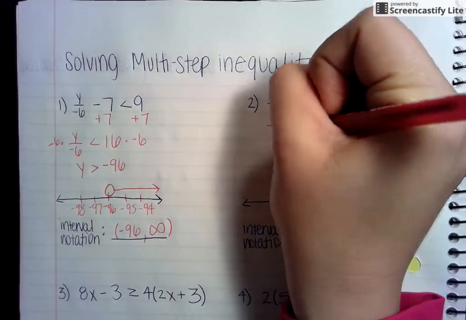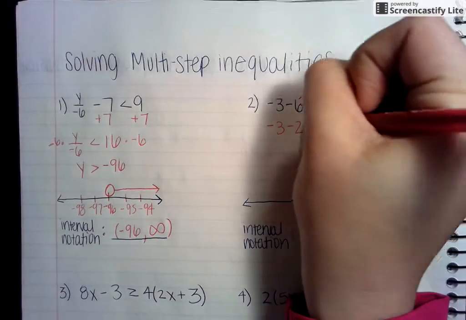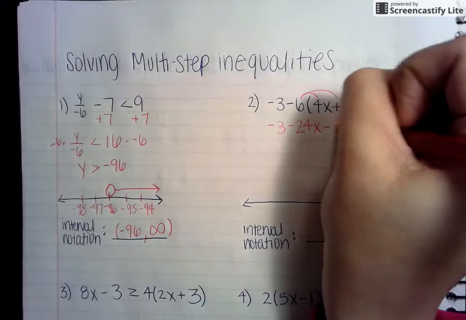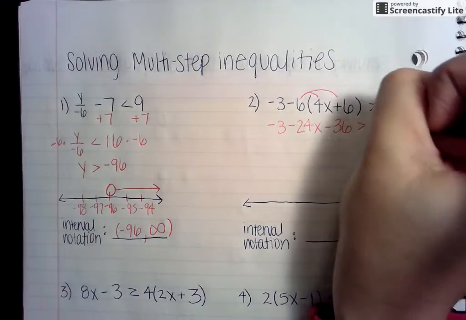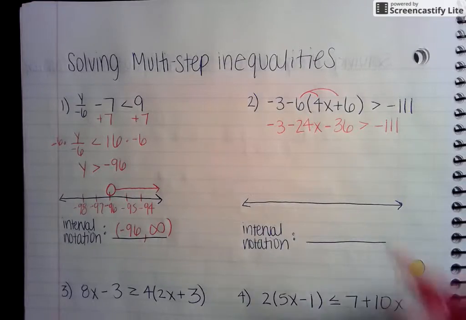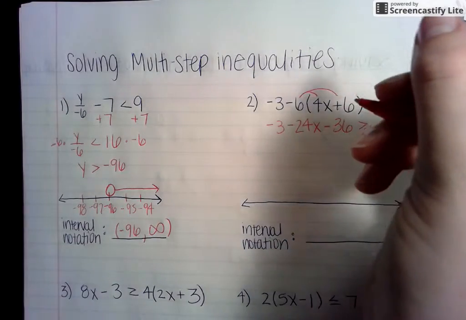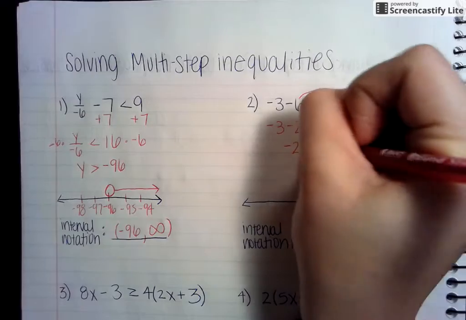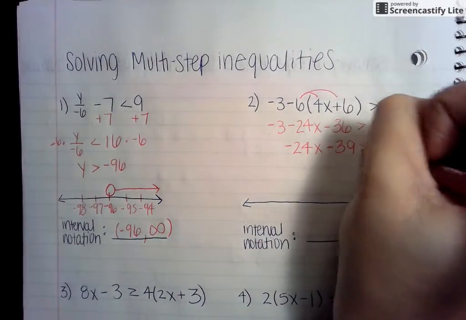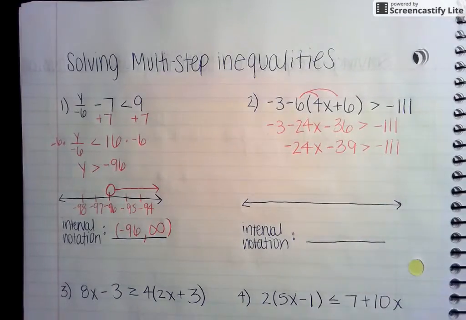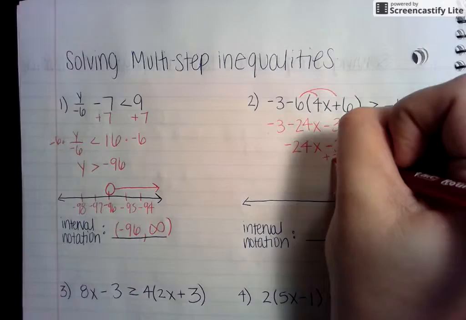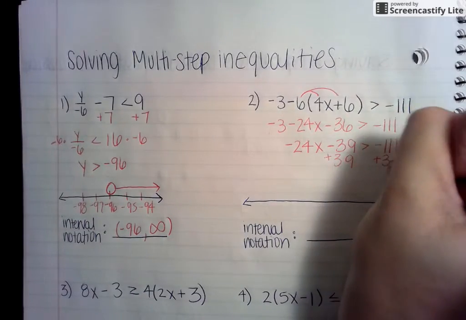So I have -3 minus 24x, and then it's going to be a minus 36 is greater than -111. I want to combine the -3 and -36. So I have -24x minus 39 is greater than -111. I want to get x by itself, so I'm going to add 39 to both sides.